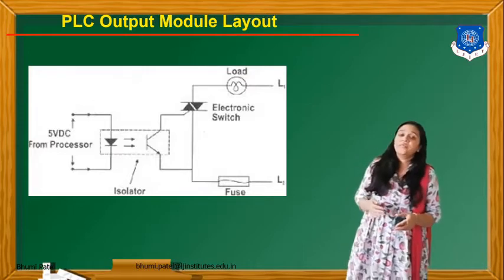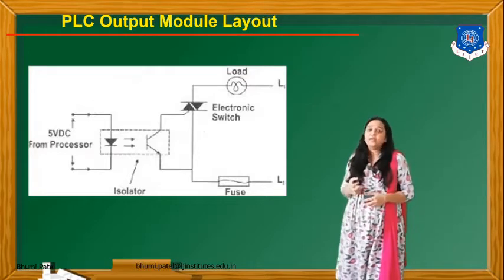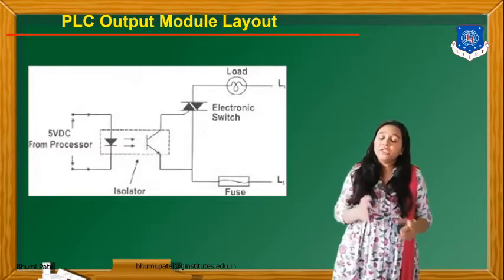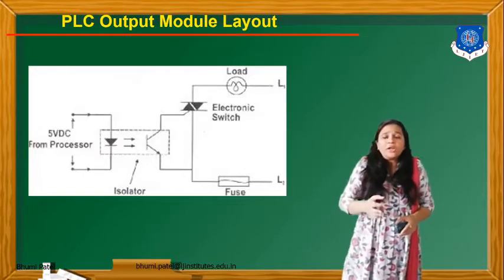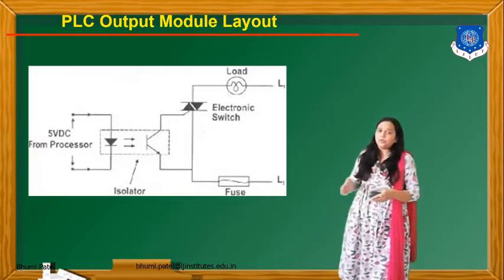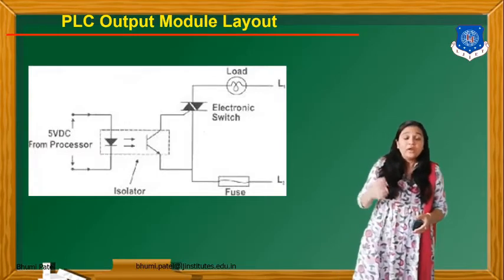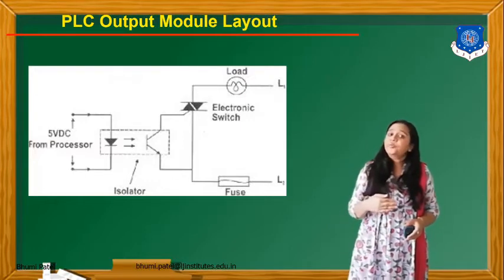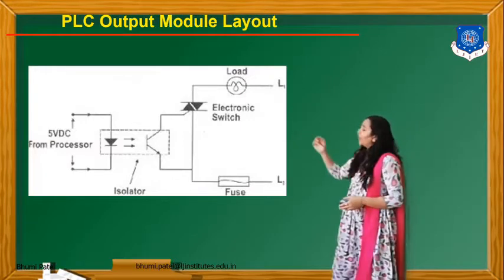First of all we sense the signal, then we compulsorily convert this AC supply to DC using the bridge circuit or other circuitry like an A to D converter, and after that whatever output is taken from the input module is given to the output module.